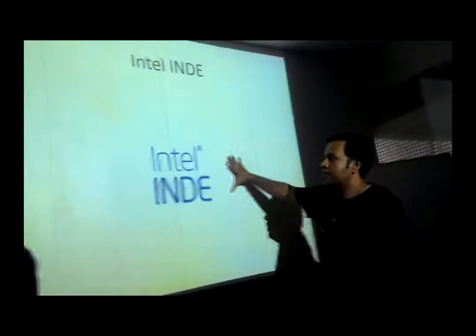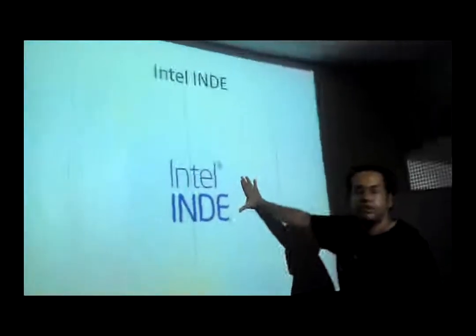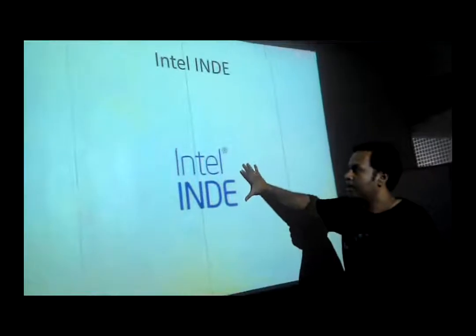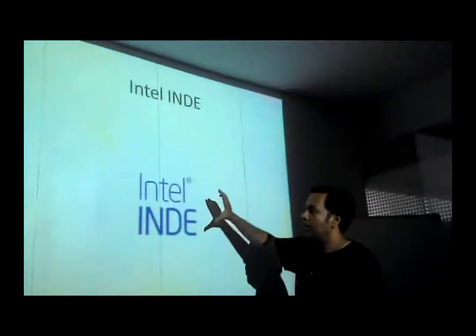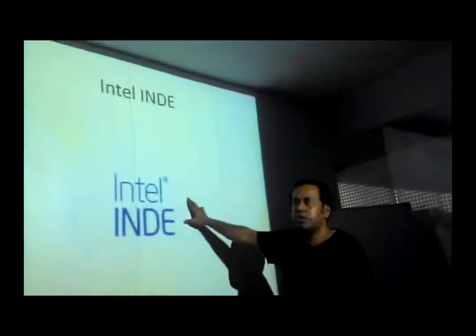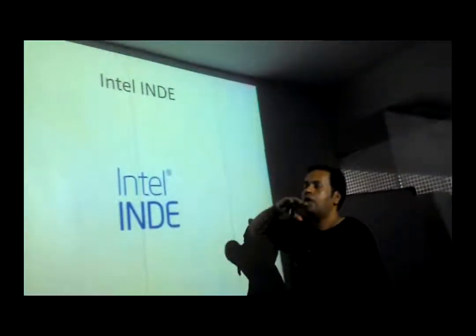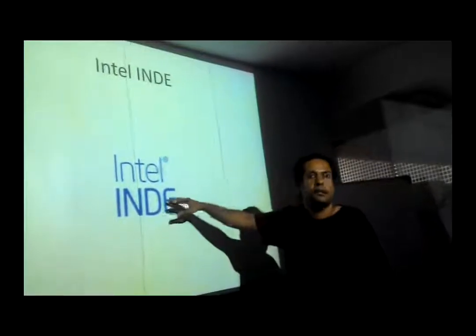It's called Intel INDE, and it's a totally new beta version that's coming up. Why I am suggesting this is that this particular IDE has a lot of things integrated in it. So when you try to use it, you will have all the available software integrated inside it.